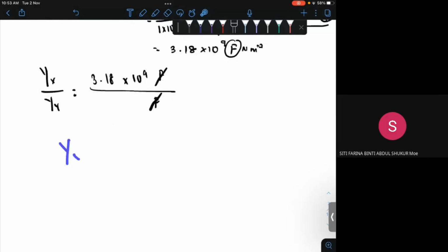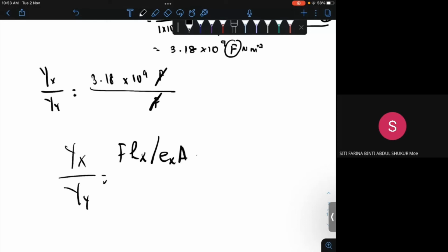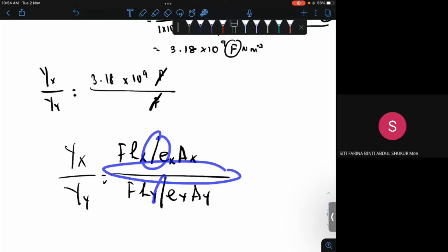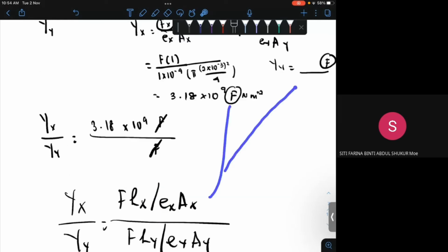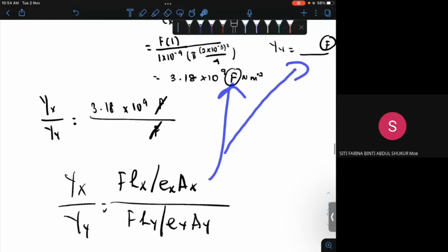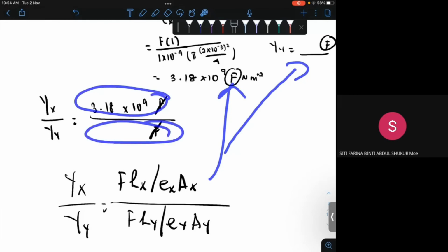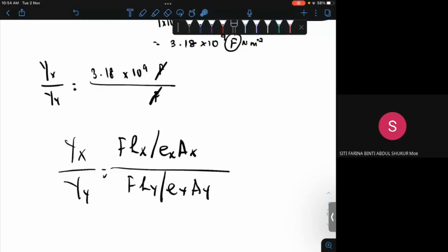Sebab dia Y X over Y Y, awak letak terus F, Lx, extension X, area X bahagi dengan F, Ly. Boleh, tak ada masalah. Cuma sebab dia banyak sangat bahagi. Dekat sini ada bahagi besar, bahagi lagi. Saya takut kamu confused. So, boleh juga buat macam ini. Tak ada masalah. Buat satu-satu, dapatkan nilai, baru bahagi secara besar-besaran.